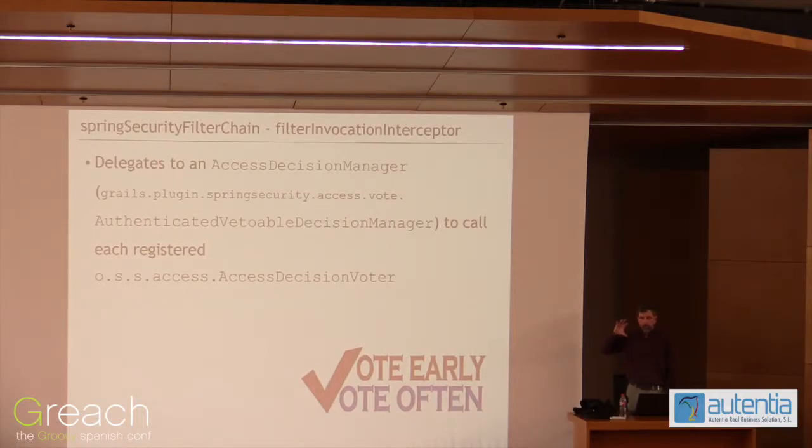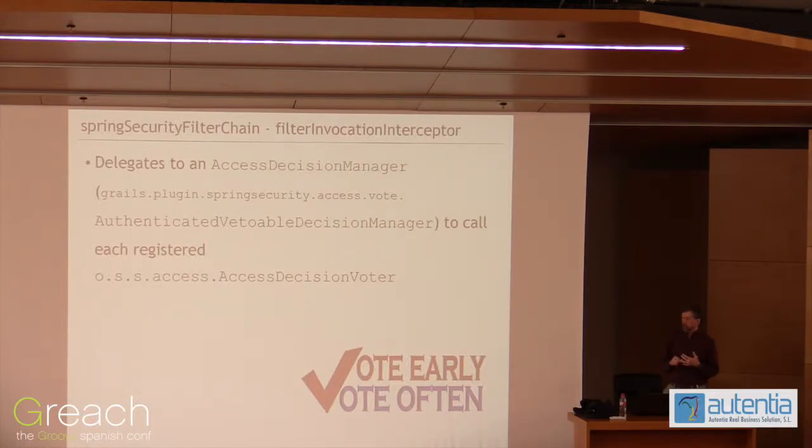So having built up the rules basically for what you can do, it's a little bit more complex than just yes or no. You've got voters. This is well documented in the Spring Security documentation, so I'm not going to go into a lot of detail, but it has this voting concept. You can vote yes, you can vote no, and you can abstain.